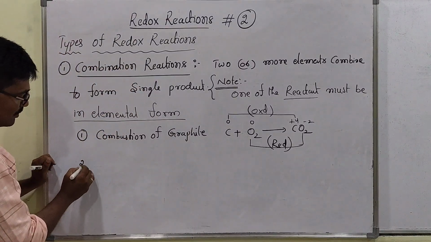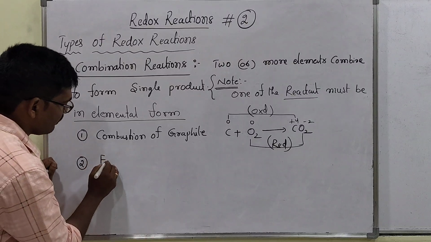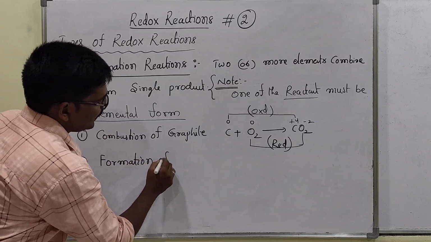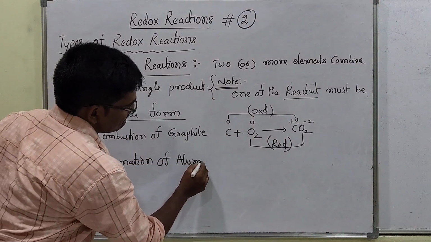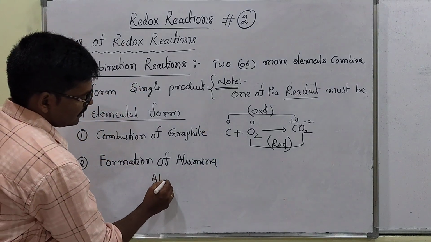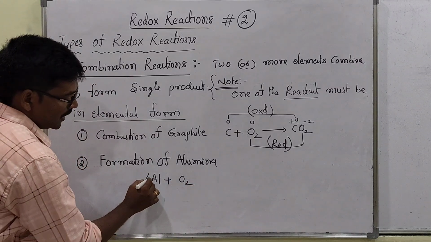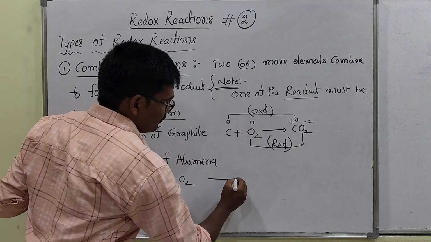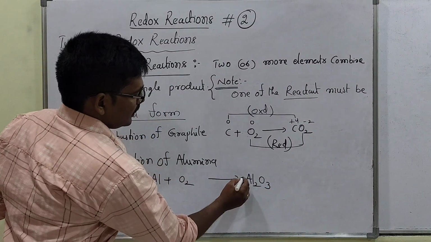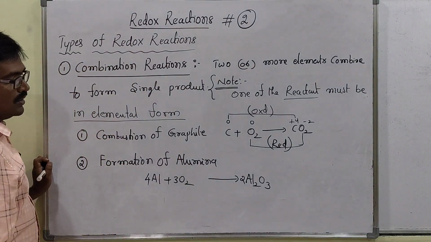Then second example for this, formation of alumina. Al plus O2, 4Al plus 3O2 gives 2Al2O3.